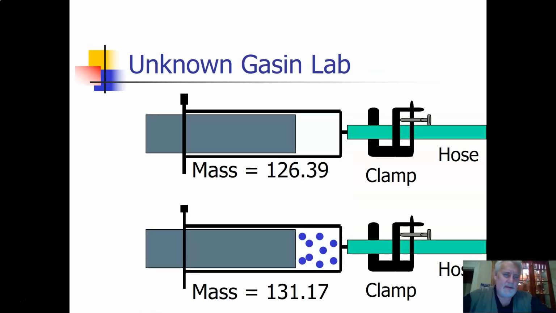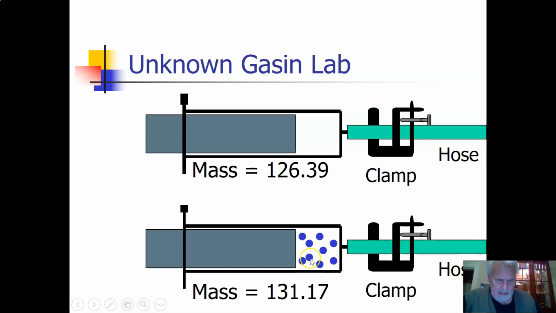Because what you're going to do is pause the video here, and draw the two diagrams. You don't have to get really fancy. This is what our hose clamps look like in chemistry. They're just little screws that we can use to go tighter and tighter and tighter on there until you can't let any air in or out. But you can just draw some little simple clamping mechanism, or just write the word clamp with a line is fine.